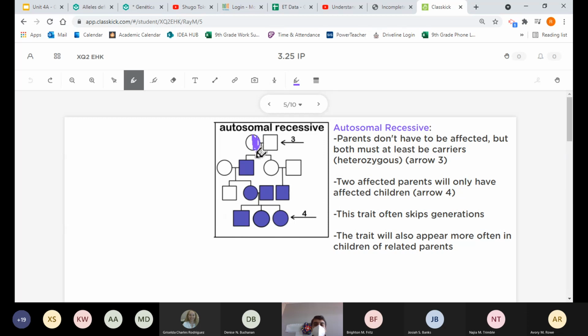Because we have 2 kids, a kid that's affected and a kid that's not affected. So if we have affected children with an autosomal recessive disease, that means that you have to be dealing with carrier parents because the recessive allele needs to come from somewhere. Now again, in real life, it's not necessarily always that clean, but for the purpose of this, let's just go ahead and say that it is.